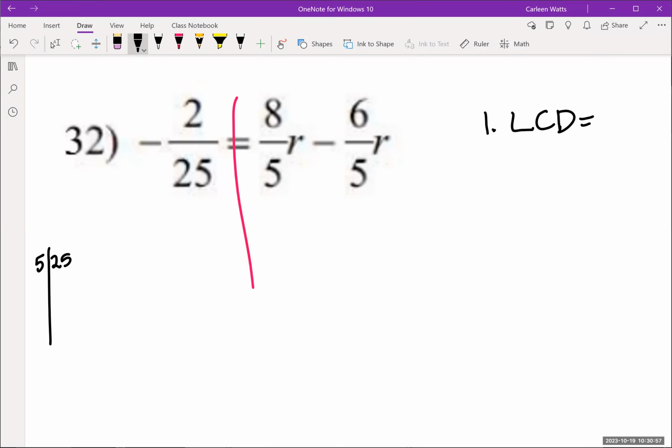What is the least common multiple of 5 and 25? Careful. Not the greatest common factor, the least common multiple. Ding, ding, ding, is 25. So I'm going to multiply 25 over 1, 25 on top, 1 on the bottom.